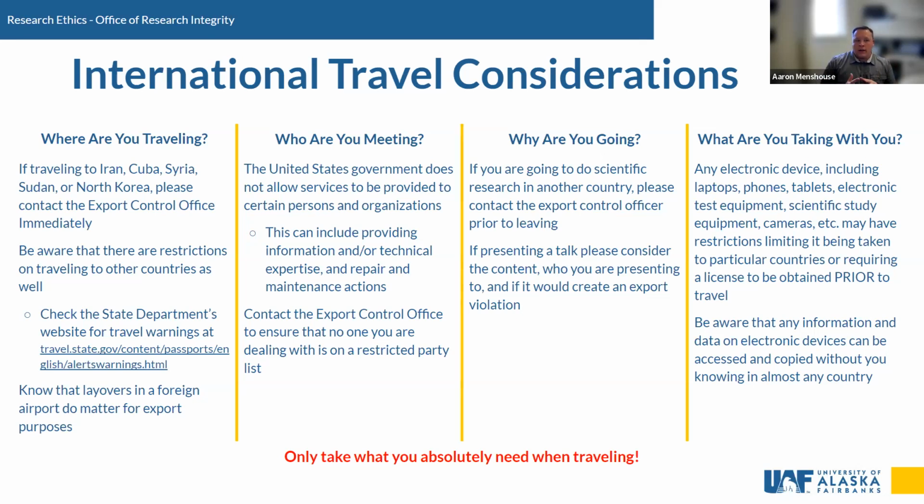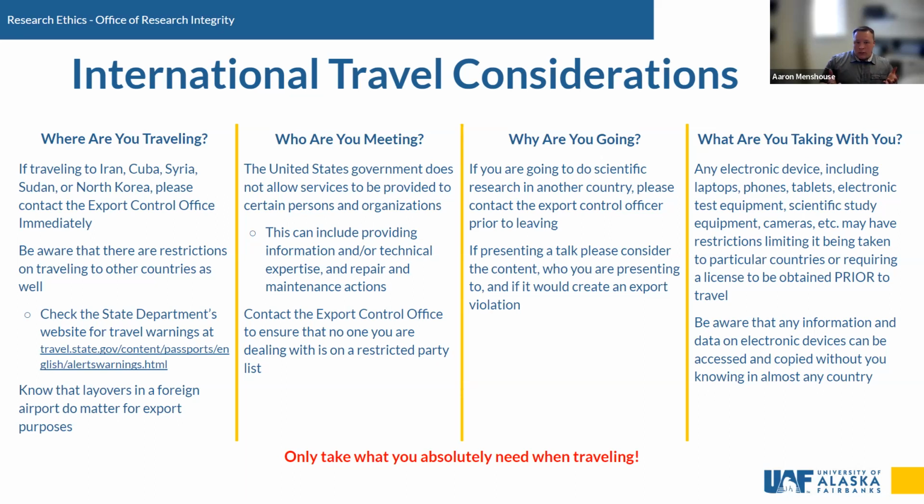And what I do is I send out an email to fill out a short questionnaire to ensure that we don't need to apply for any licenses before you travel, and make sure that the groups that you'll be working with while in that country are groups that we want to be doing business with.